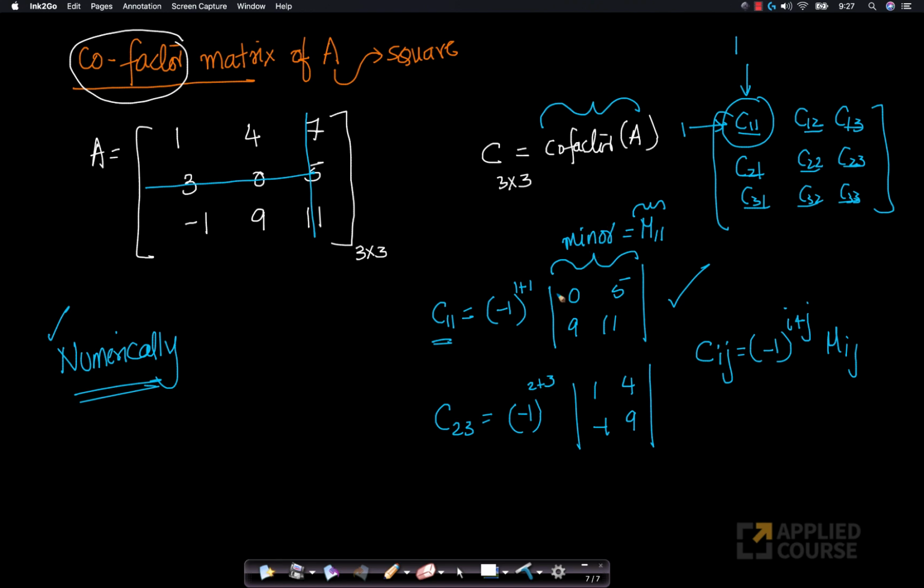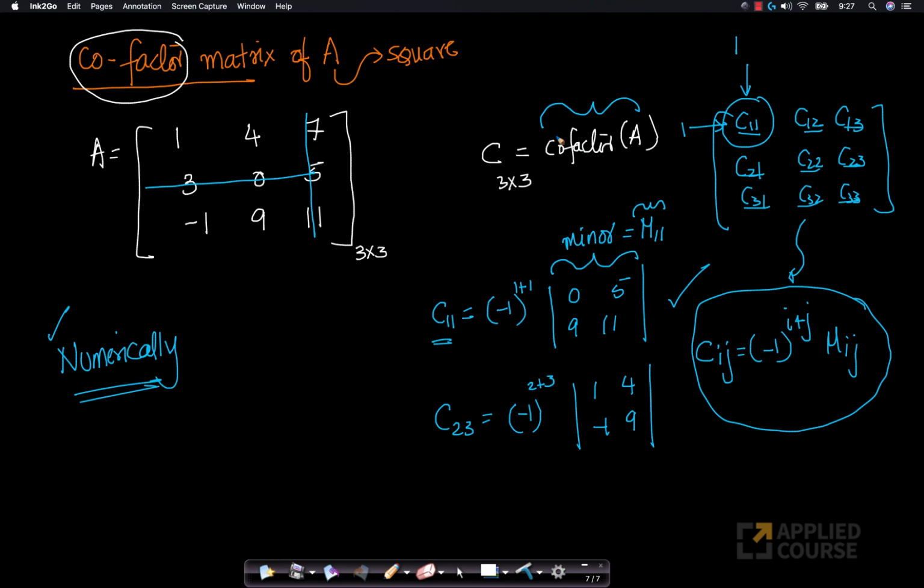What is a minor? A minor is the determinant of the matrix that is obtained by dropping the ith row and the jth column. This is how you can very succinctly explain the concept of a cofactor.